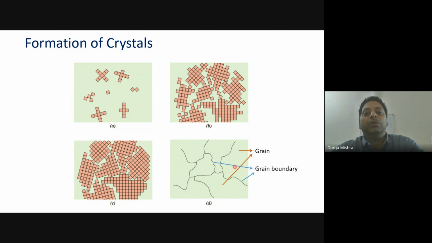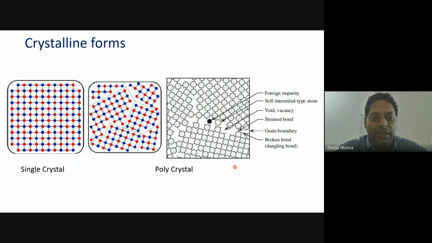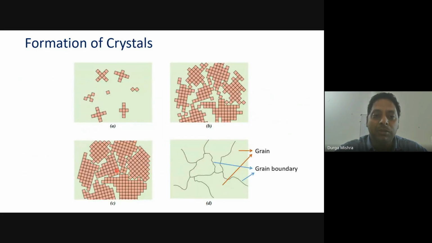But if you want to grow a single crystal, it is also possible, like in this case, a perfect crystal without many different orientations. What you need to do is nucleate only one nucleus. If you have many nuclei, random nucleation, you will always get a polycrystal.